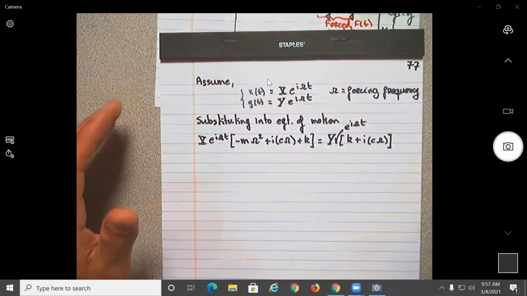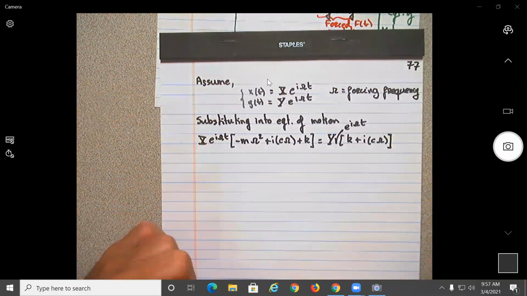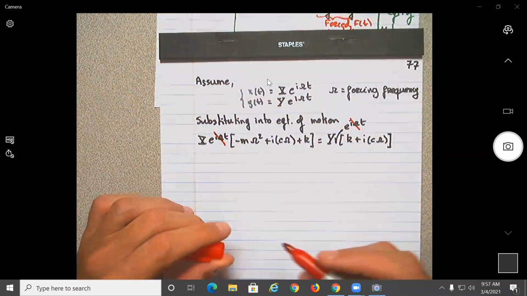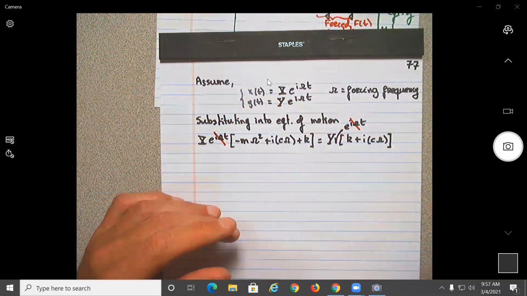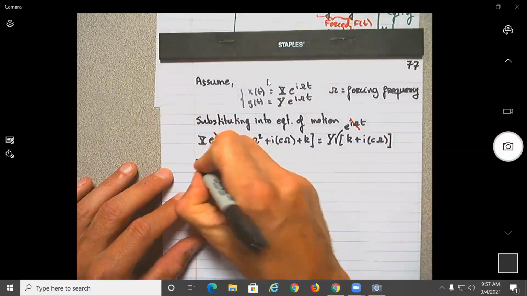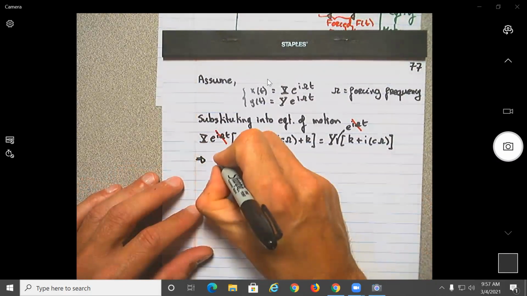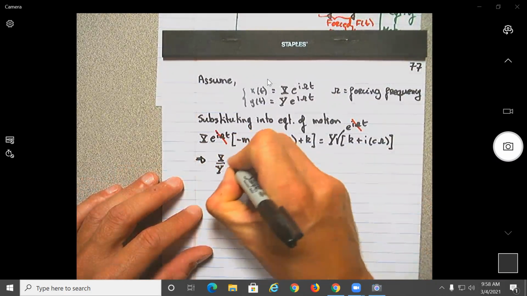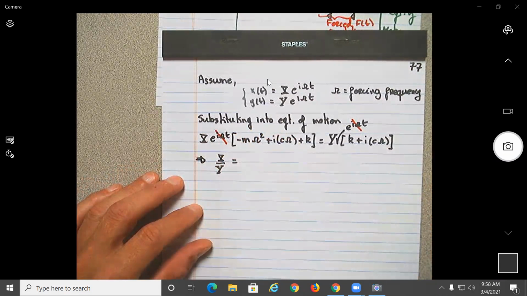So why do we assume the same type of solution for both of them? It's because now what can we do? We can eliminate this one. And here now we can solve for the ratio of capital X divided by capital Y. It will be equal to what?